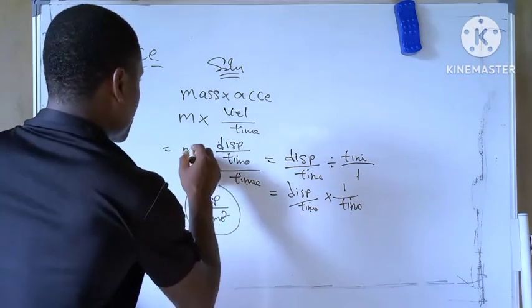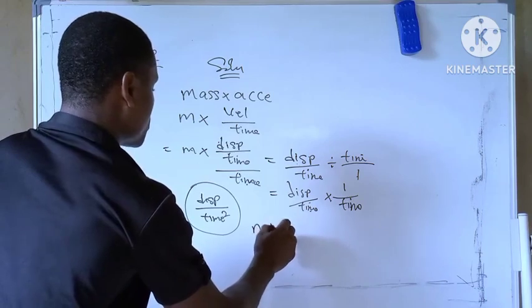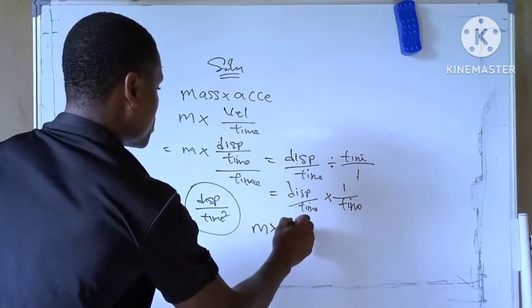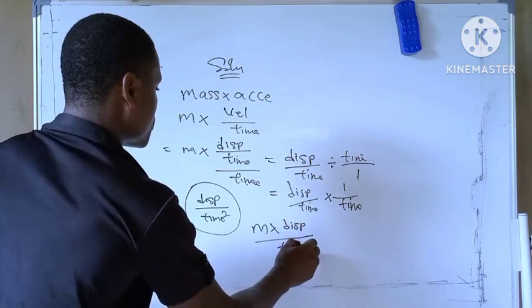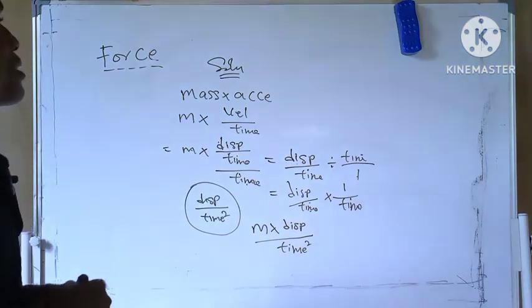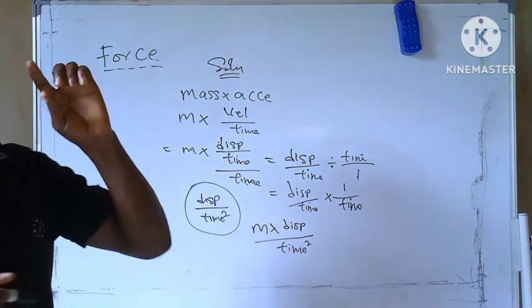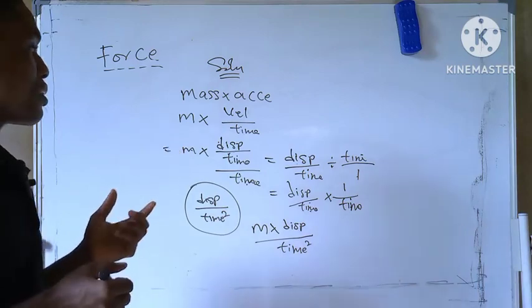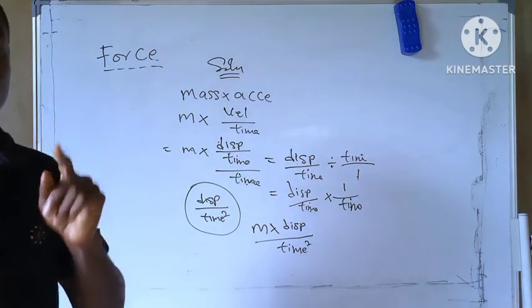So take note, we have m here, the symbol of mass. So m multiplied by displacement all over time square. So the next step: in my previous videos I said we have only 3 approved physical quantities used in writing down the dimension of any physical quantity.